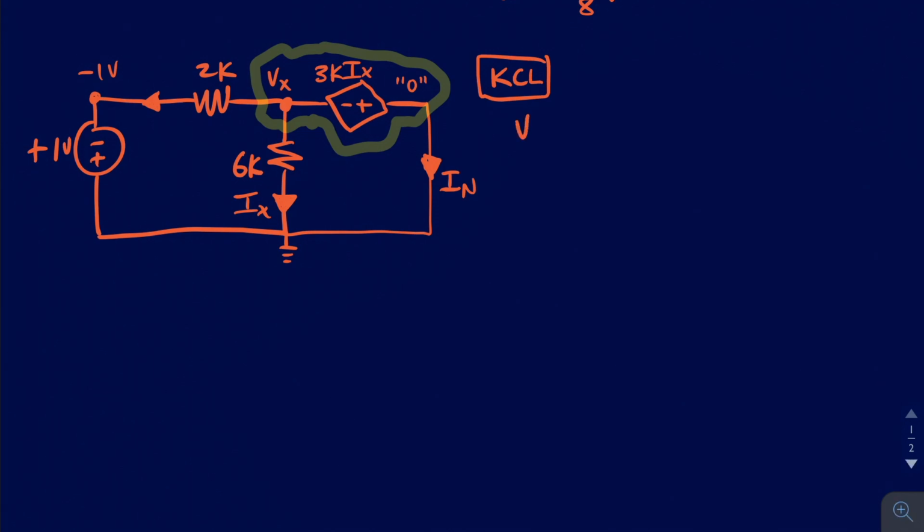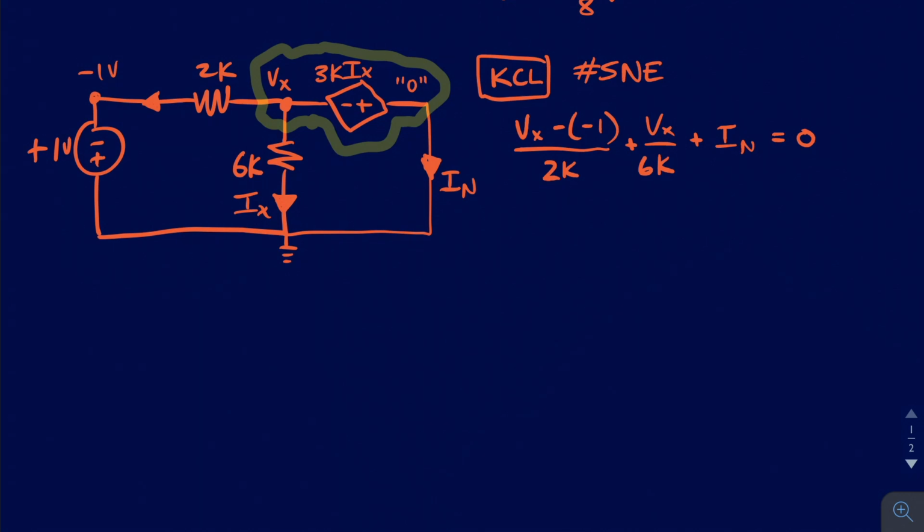We're going to have Vx minus the minus 1 node on the left. That current leaving is going to be divided by the 2K. That's just Ohm's law for the current leaving. Then we're going to have Vx leaving through the 6K. That's just the current going down. And then we also have I Norton. So that's our KCL. That's kind of our supernode external is what I like to call it.